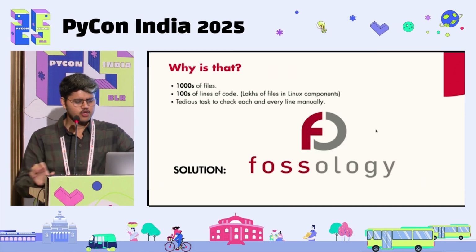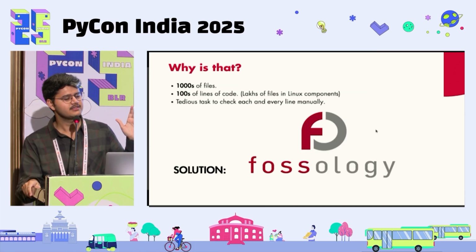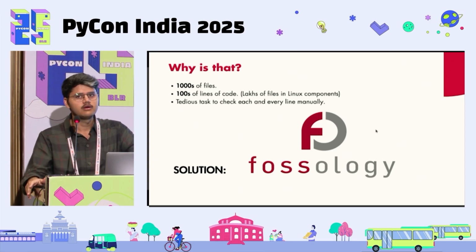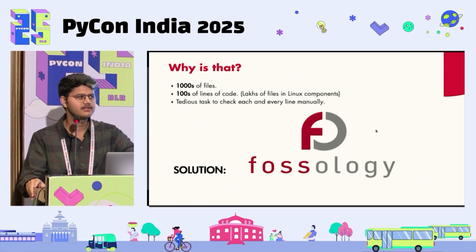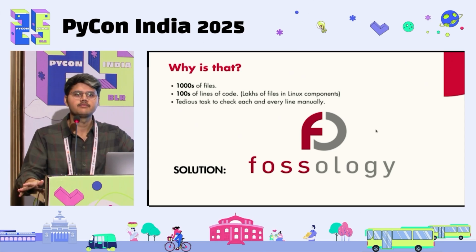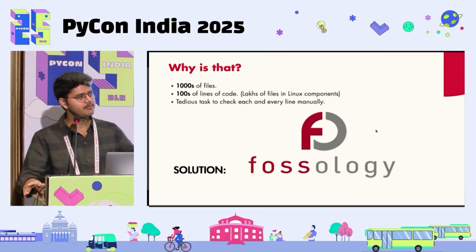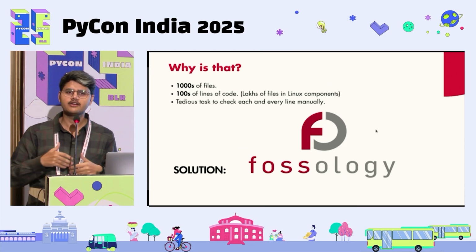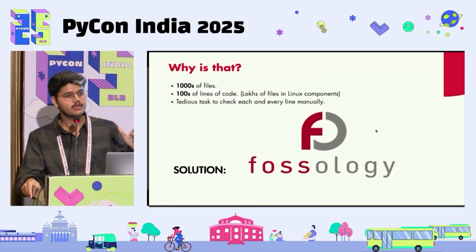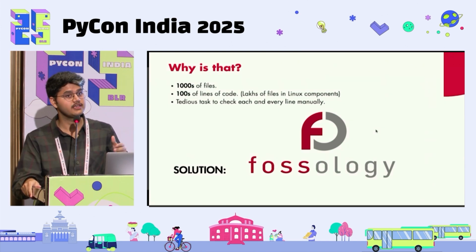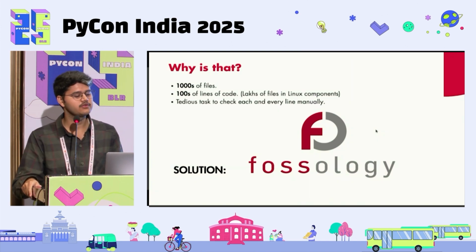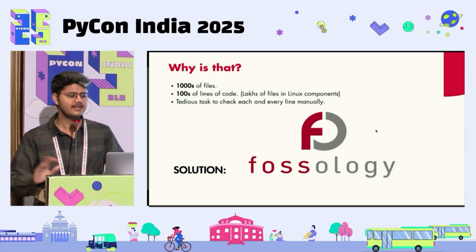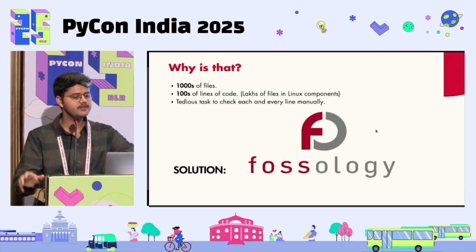So you might think, why is there such a big number of license conflicts? The reason is simple. Every major project has thousands of files, right? Thousands of files with hundreds of lines of code, and in the case of some Linux components, these can even range to lakhs of files or lakhs of lines of code. So it's a really tedious task to check each and every file manually.